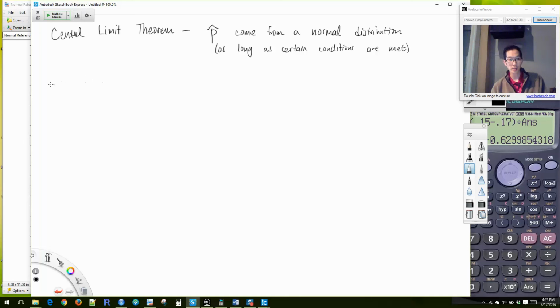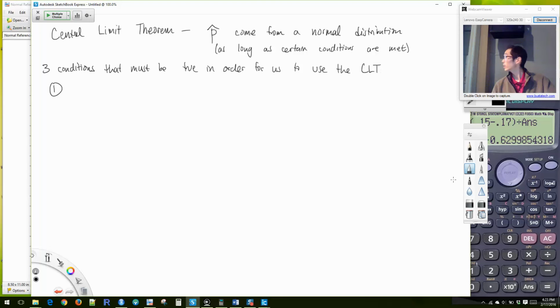Here are the three conditions that we should check to make sure that the central limit theorem can be applied. There are three conditions that must be true in order for us to use the central limit theorem.